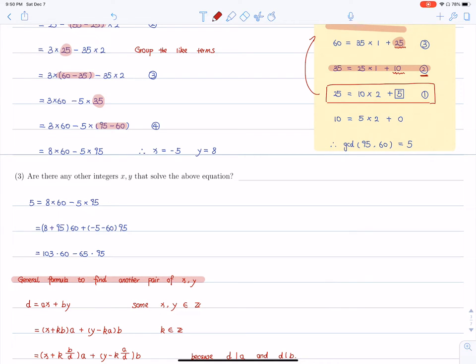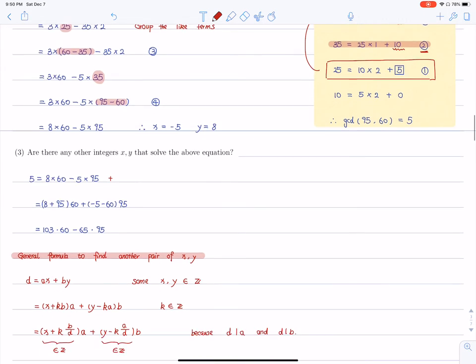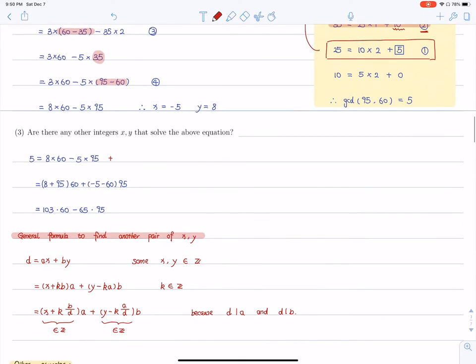We want to add a multiple of 60 or 95. It doesn't really matter. So what I did here is I add a multiple of, let's see, AB, so 60 times 95. And I minus the same thing.